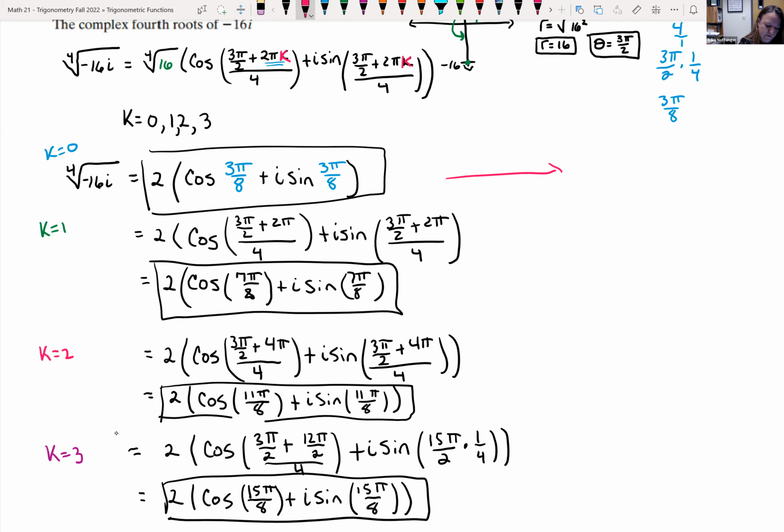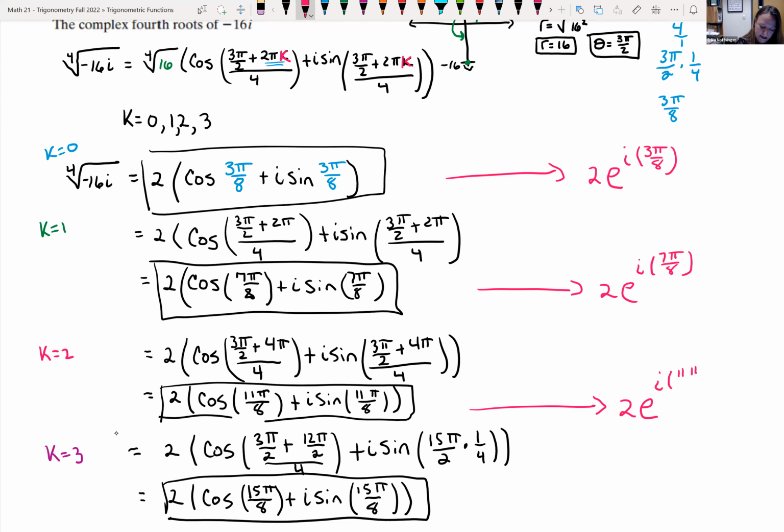So exponential form here is 2e raised to the I times 3 pi eighths, or 2e raised to the I times 7 pi eighths, or 2e raised to the I times 11 pi eighths.